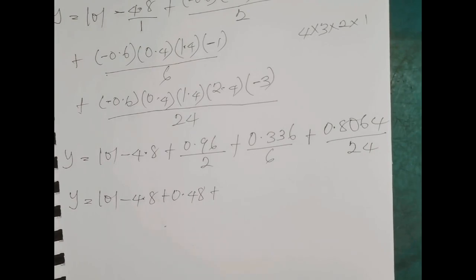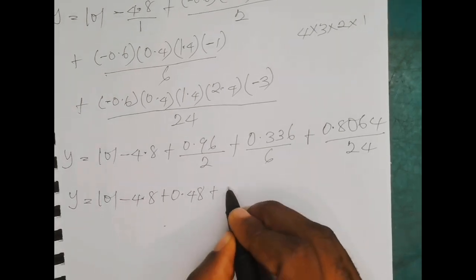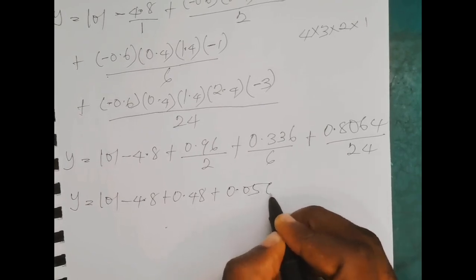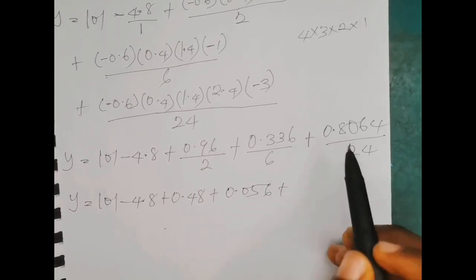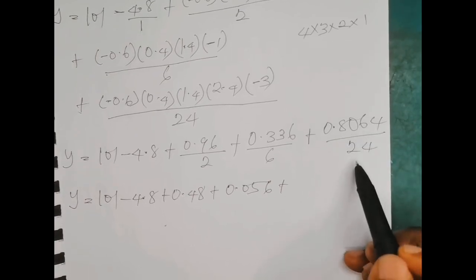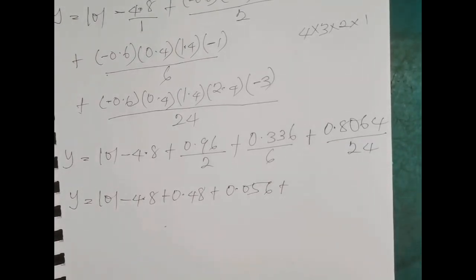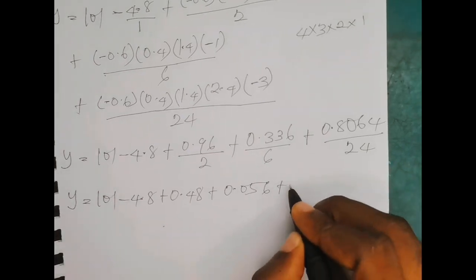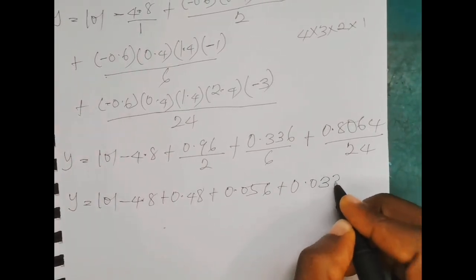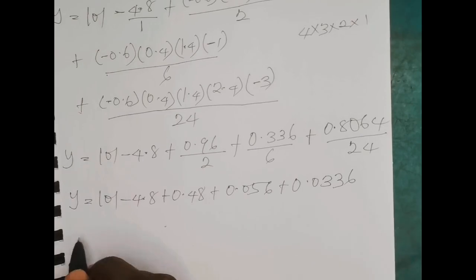This simply gives us 0.056. We have plus 0.056. And finally, let's find 0.8064 divided by 24. This simply gives us 0.0336. Now let's evaluate all.